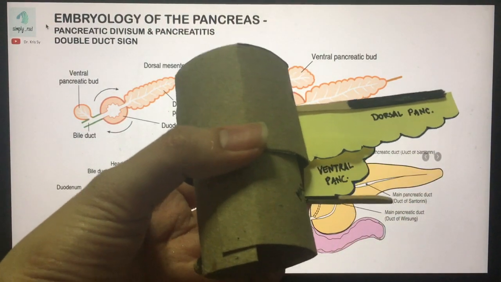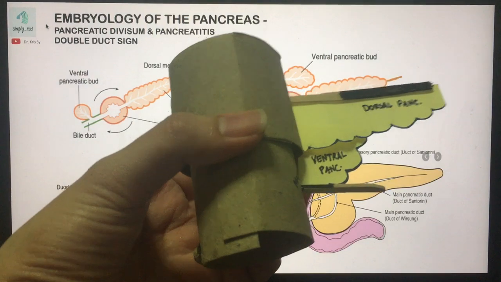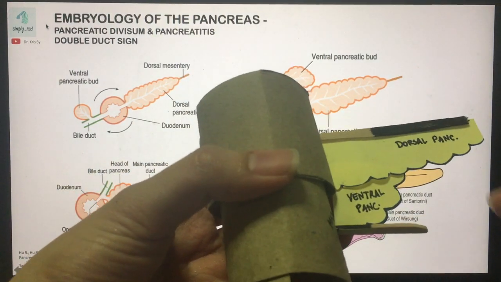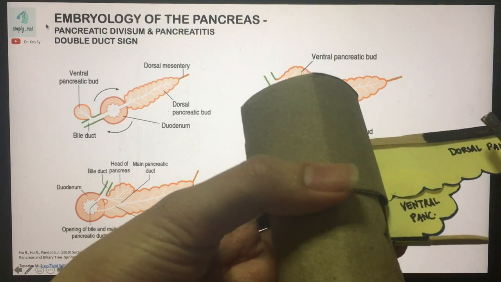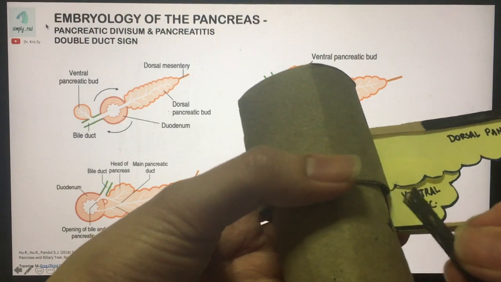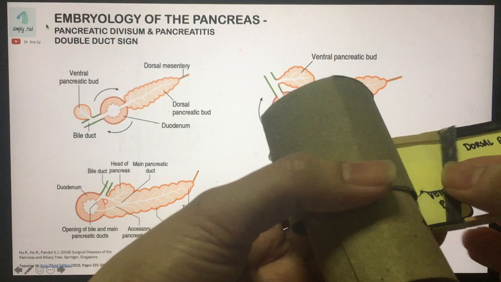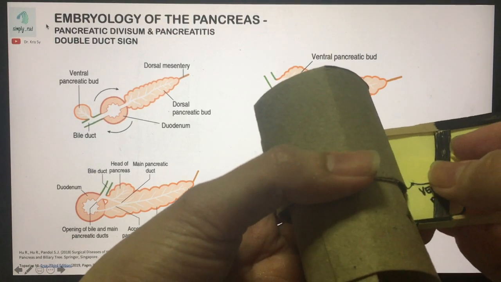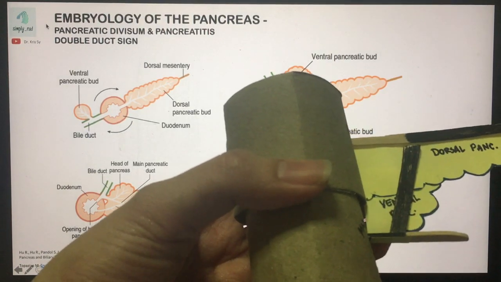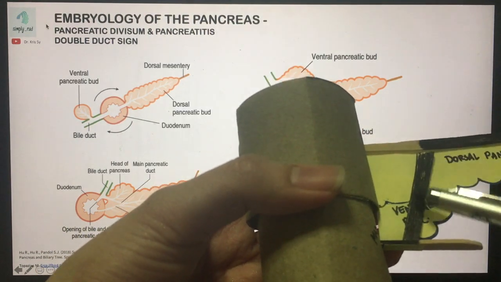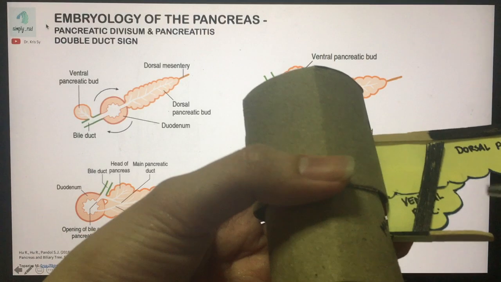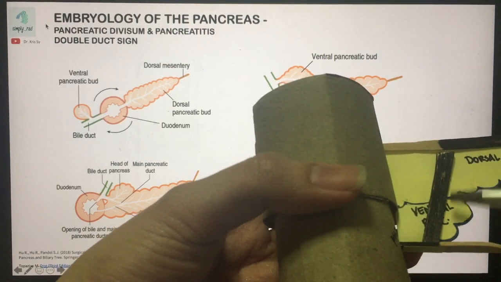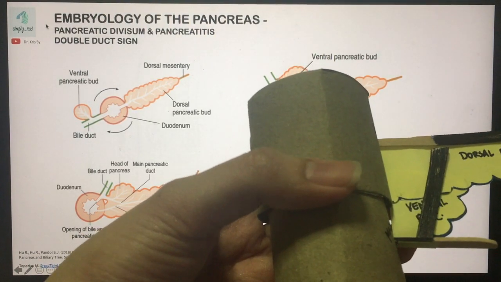Now when they merge together, this dorsal duct and the ventral duct will merge together and form a communication just like this, and this is what we call the main pancreatic duct, which is also called the duct of Wirsung.